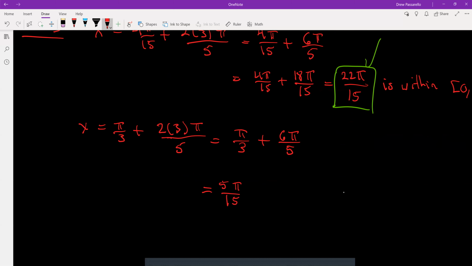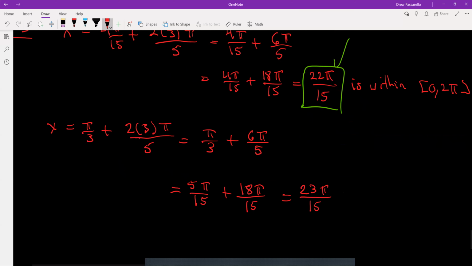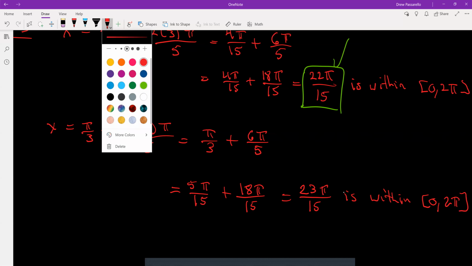So 5 pi over 15 plus, and then we know that's 18 pi over 15. So I do 18 plus 5, so that's going to give me 23 pi over 15, which again we know is within our bounds. All right, so I'll check that one off.